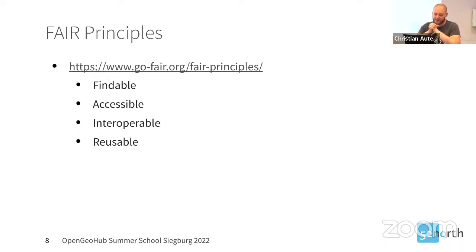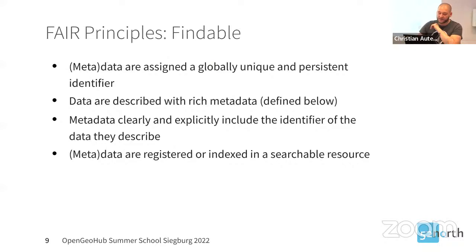So if it's findable, maybe it's not accessible because we just found it, but it needs a password or something like that. Or the way we have to access it is really custom because somebody developed an API where we can download it or something like that. Or maybe it's even a web form where we have to supply our intent that we want to use it, and so on. These are all things that are not FAIR.